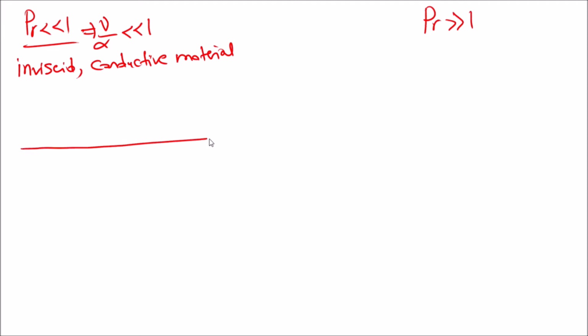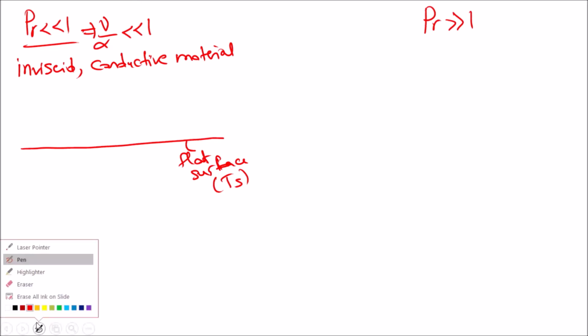This is the flat surface, which is the famous and the easiest external convection problem, and the flat surface is hot, Ts. If the Prandtl number is much less than 1, then the viscosity of the fluid is very low, therefore it is inviscid.